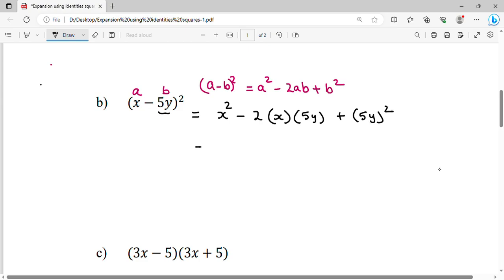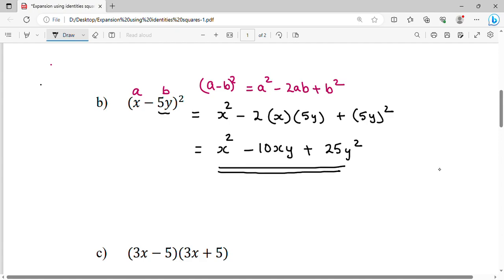So now let's simplify. x squared minus 10xy plus 5y into 5y is 25y squared. And your simplification stops here because we do not have any like terms. Hope this is quite clear to you all.